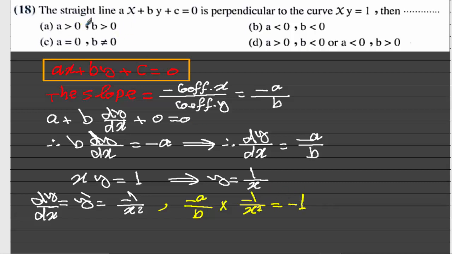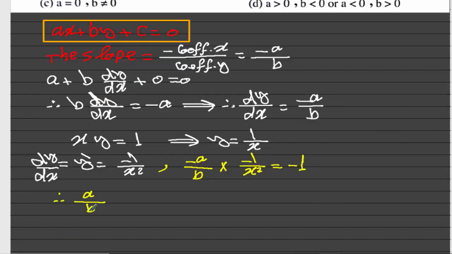Again, because the straight line is perpendicular to the curve, the slope of the straight line multiply the slope of the tangent, their product equals -1. We wanted to deduce the relation between a and b. So a over b multiply 1 over x square equals -1, because negative multiply negative is positive.